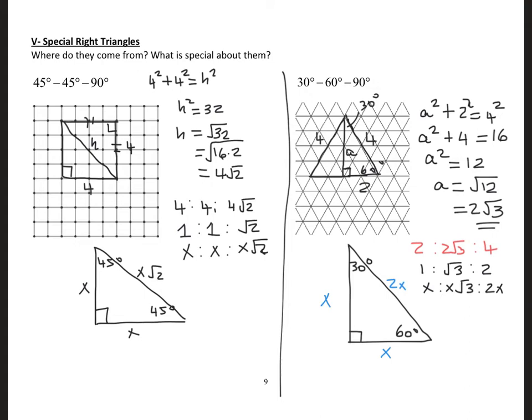And for the long leg, it's x square root of 3. This relationship is maintained in all 30-60-90 triangles. That's why we call them special triangles, because every similar triangle to them has the same characteristics.